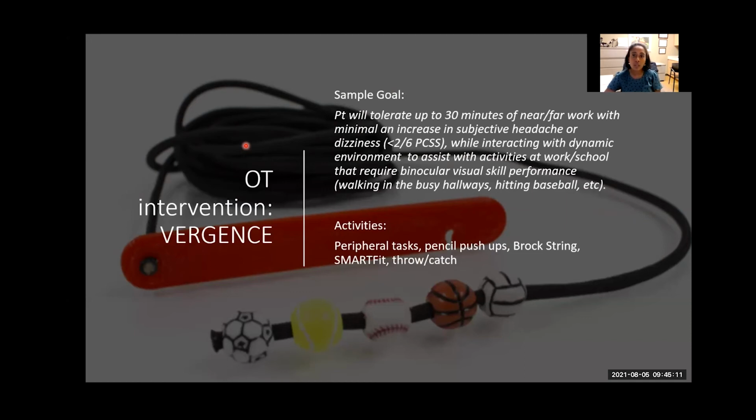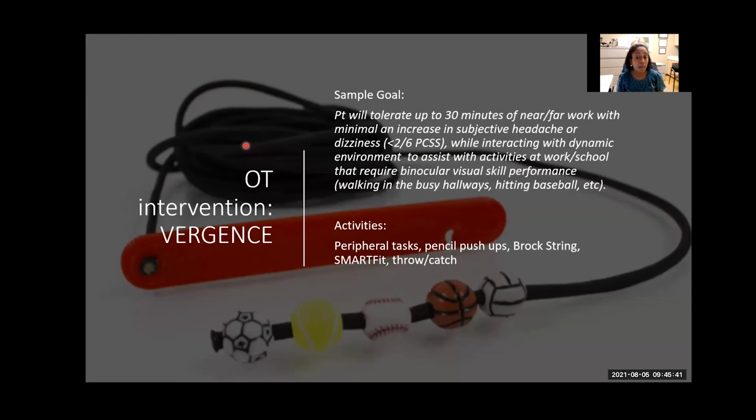I typically would involve the Brock string a little bit later in my plan of care, just so that I'm not focusing in the area where they're having the most trouble, which is usually central, and I focus more peripherally, at least in the beginning, until I know a little bit more about the visual diagnosis. I usually introduce the Brock string later on in therapy, typically maybe 3 to 4 or 5 weeks in, to avoid that central binding.